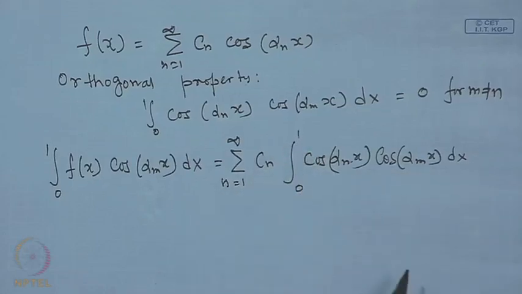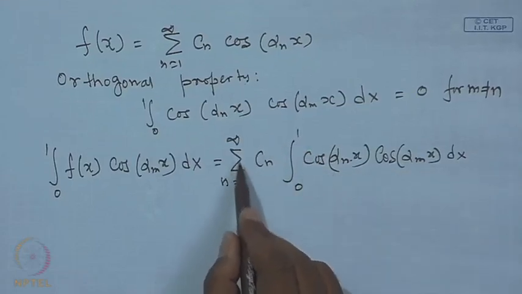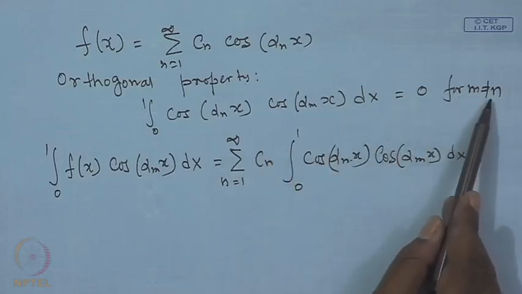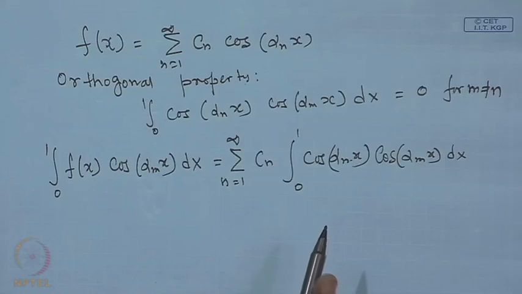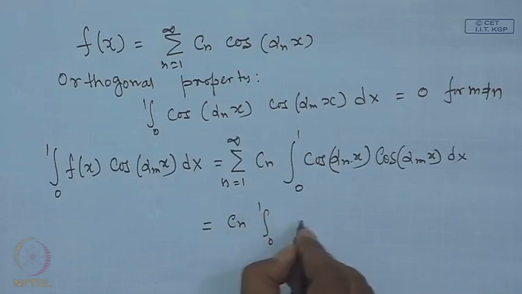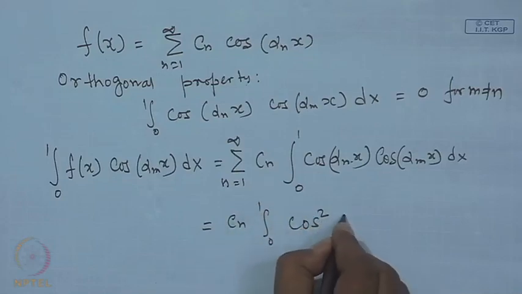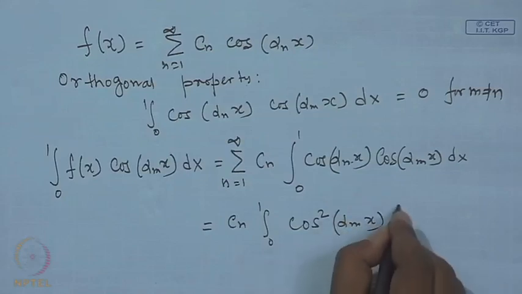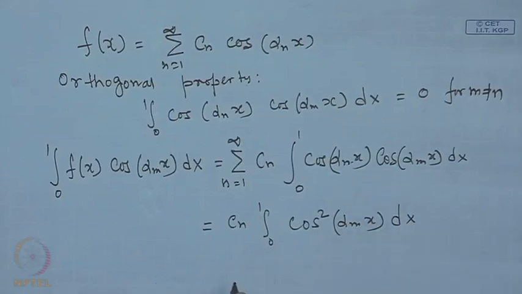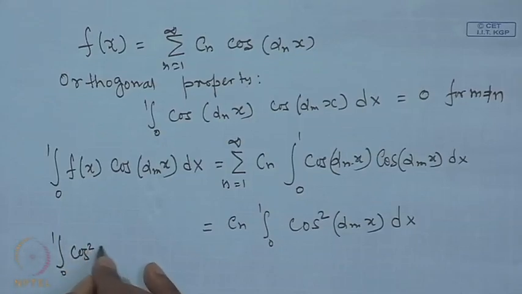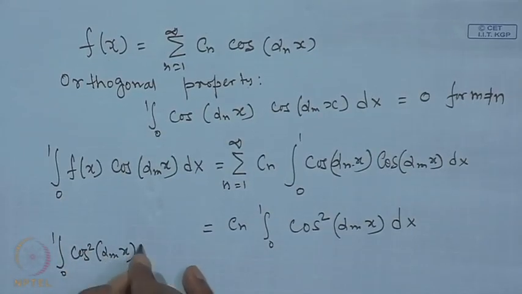Now, if you open up this summation series, all the terms will vanish for m not equal to n; only one term will survive, which is m equal to n. So, this becomes C n integral from 0 to 1 of cos square alpha m x dx. Now, let us evaluate this integral of cos square alpha m x dx from 0 to 1.